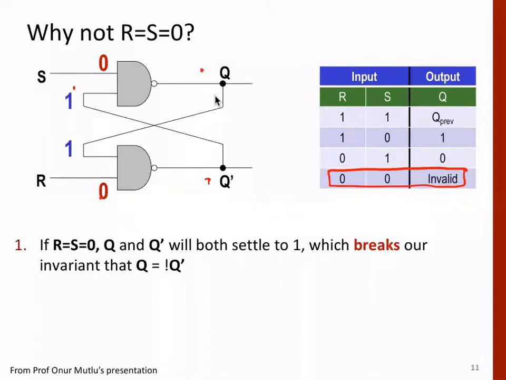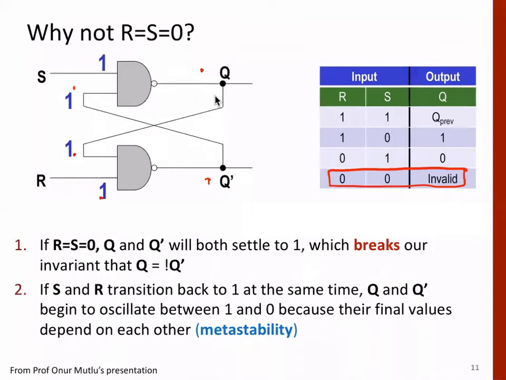Similarly, this one comes here, and now you change this S to 1, then you can easily see that the system will oscillate between 1 and 0. So this state is called the metastable state. You can work this out, because both S and R have to change at the same time for the system to oscillate or to be in a metastable state.